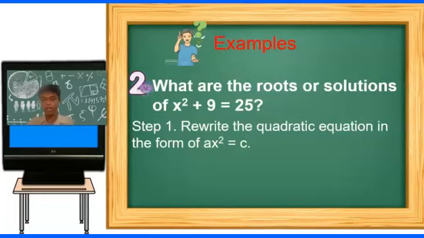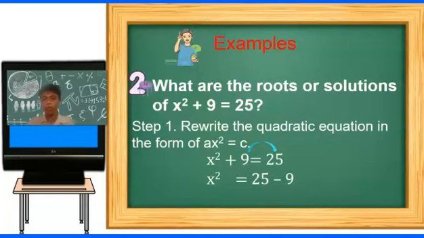And another constant term na nasa right side na, which is 25. So, lipat muna natin yung 9 sa right side. So, x squared plus 9 equals 25. Transpose it. X squared is equal to 25 minus 9. So, dalawang ating constant term, we will subtract. So, x squared is equal to 16.